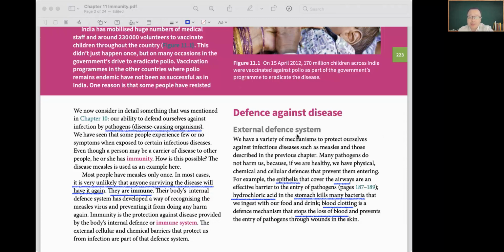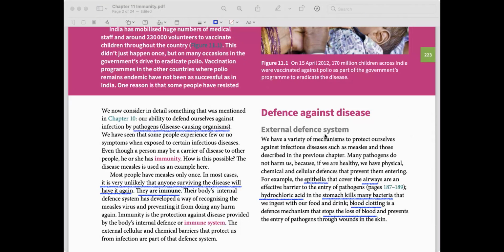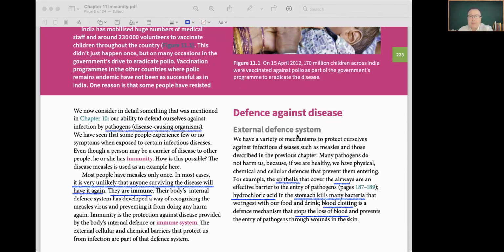We have mentioned this in chapter 9. There is cilia, right? There are cilia on the surface of the trachea and the bronchi.